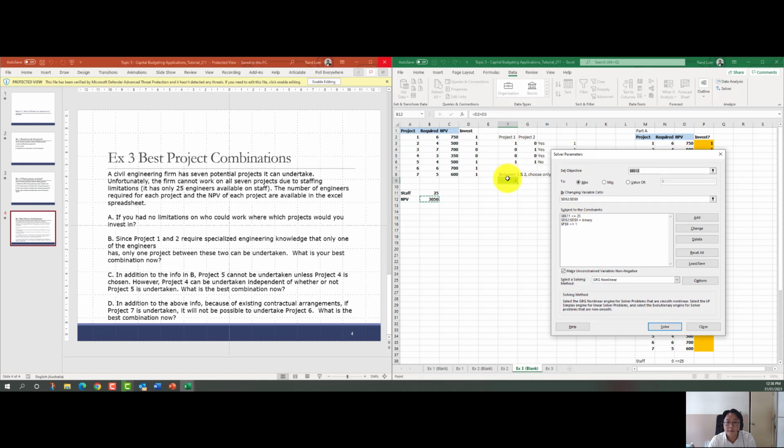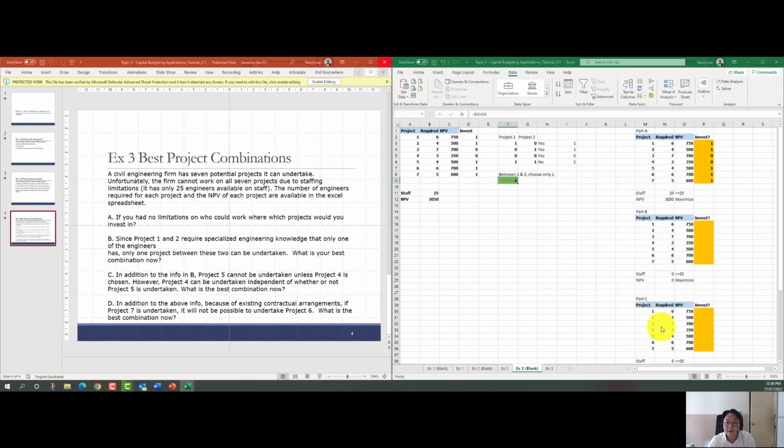So we said that f9 must be less than or equal to 1, so let's solve it. Okay, so it's 1 0 0 1 1 1 1. So the answer is 1 0 0 1 1 1 1. Okay, so that was when we said that we can only invest in either project 1 or 2. Okay, so we set the constraint over here, right?